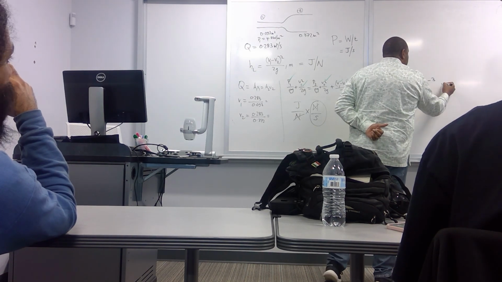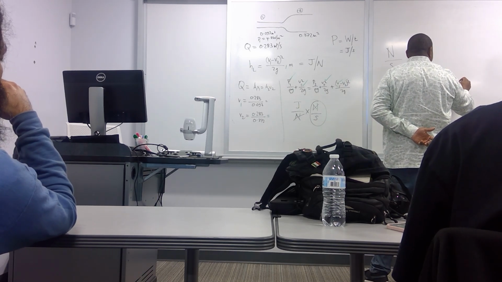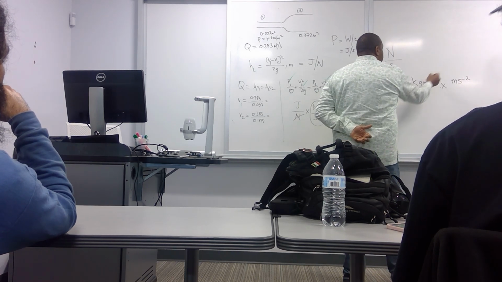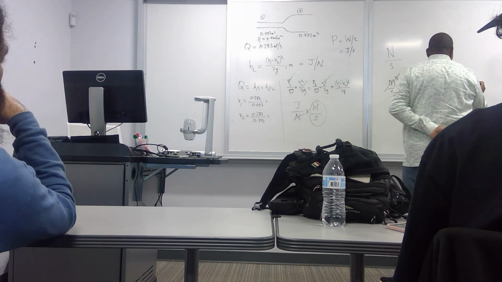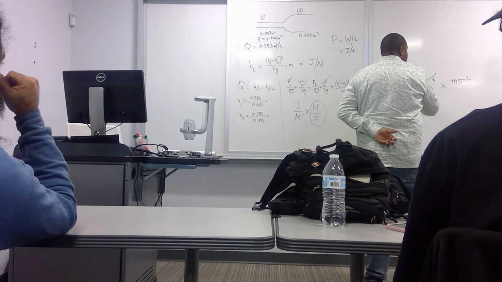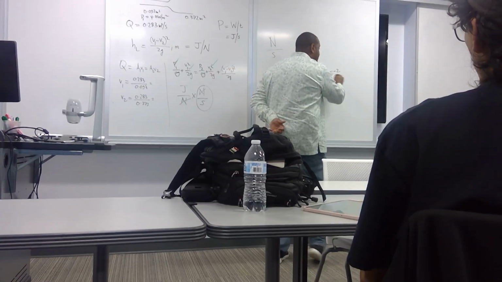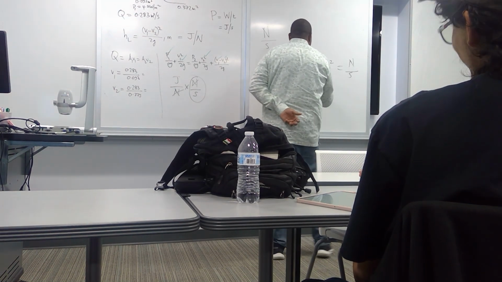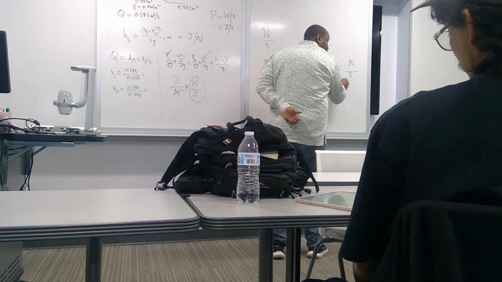By g. And g is what? These cancel out. So what do I end up with? Force is mass times acceleration, which is newton, so newton over second, or basically kilogram meters per second squared over second.